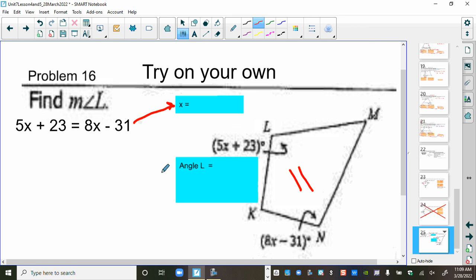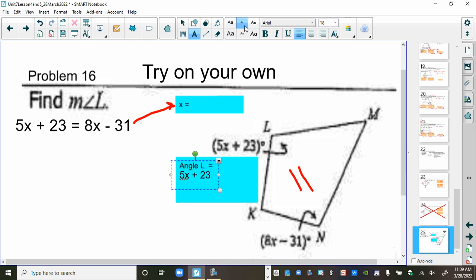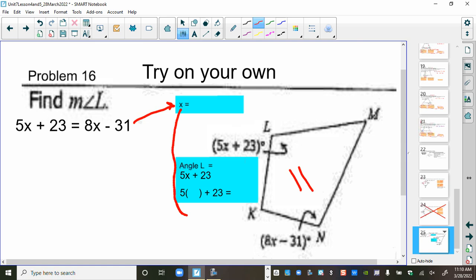And then, for angle L, just do your plug in. 5, you fill in the parentheses, plus 23 equals whatever number. That's what you do. Take your X, plug it in. All right.